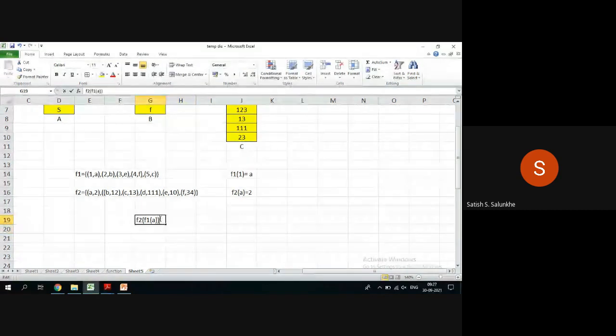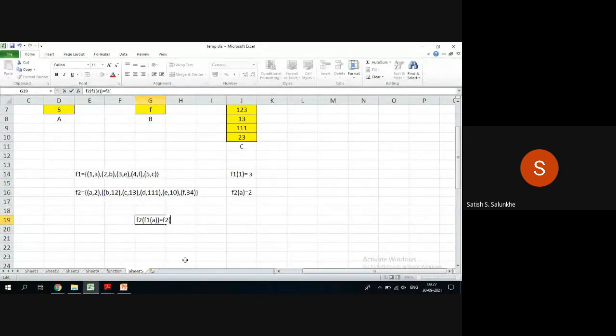So what is this? f2 of, what is f1 of a? That is a. So what is f2 of a? That is 2. So basically f2 of f1 of a is the composition function.